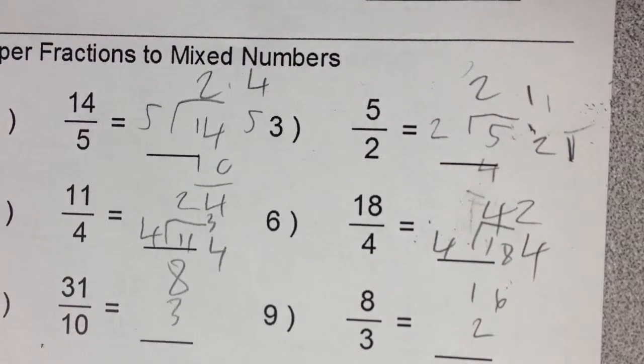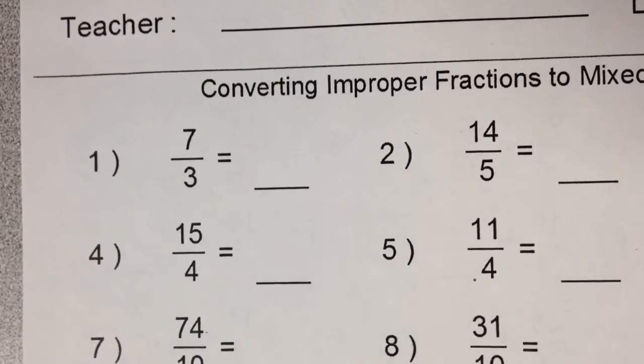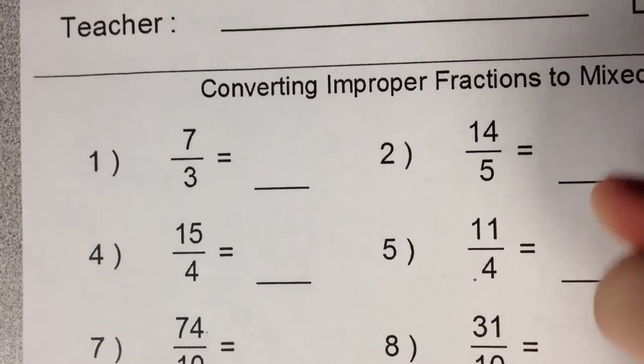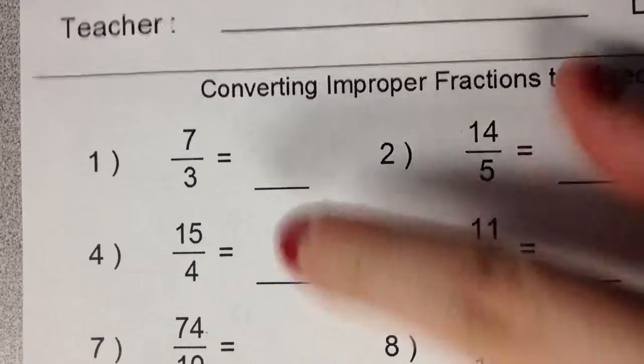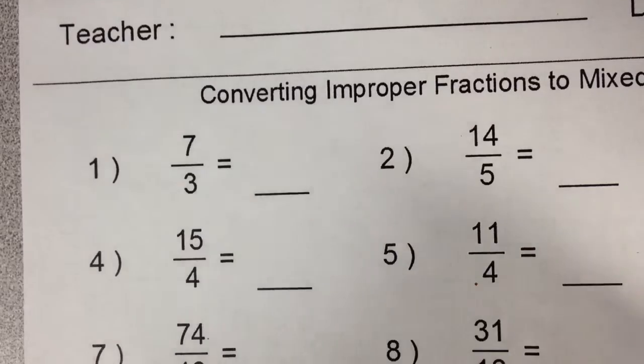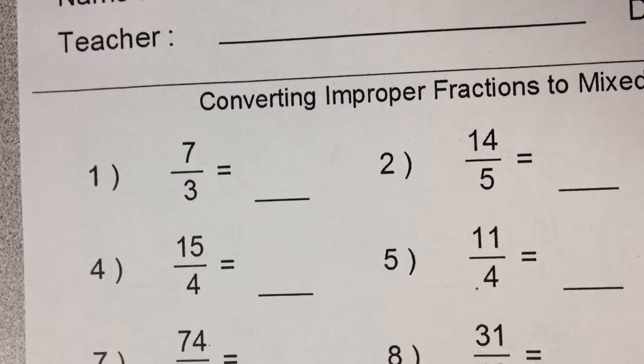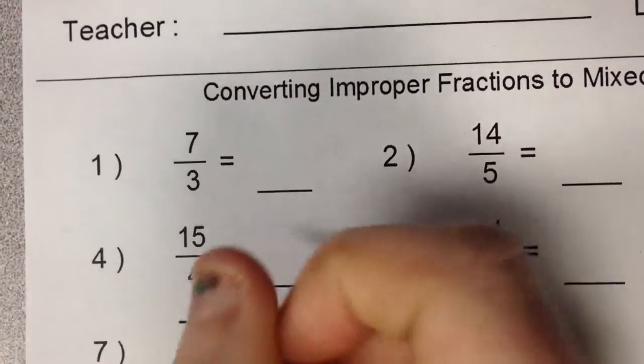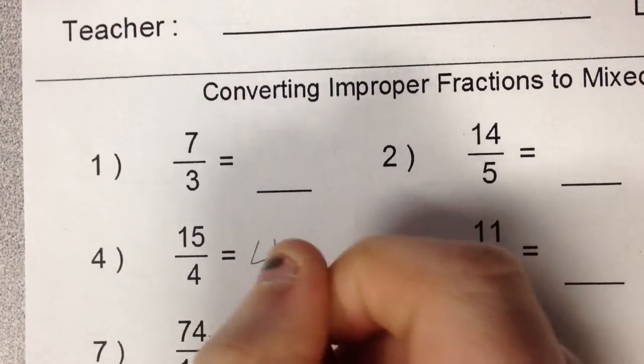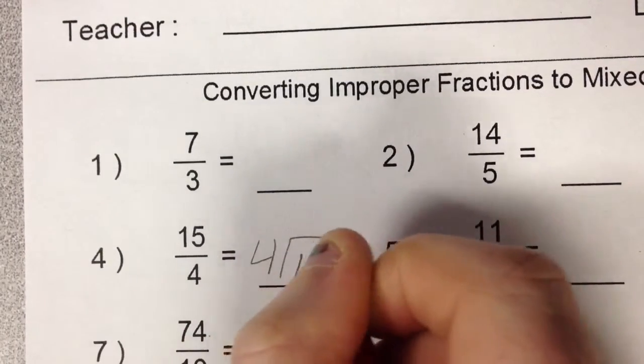Good job. Okay, so first, since this is a top-heavy fraction, you have to tip it to the right. So it's 4 divided by 15. Remember, so you put the 4 and then the division bar. And then 15.